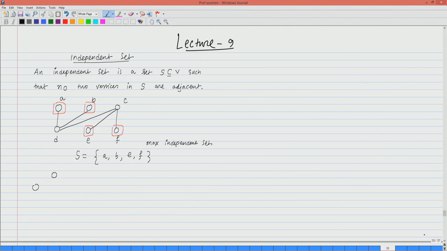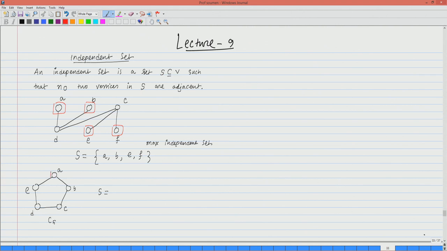I will consider a 5 cycle. This is a cycle of length 5, this is called C5. Now, here I again label them by A, B, C, D and E. So, the independent set could be here.